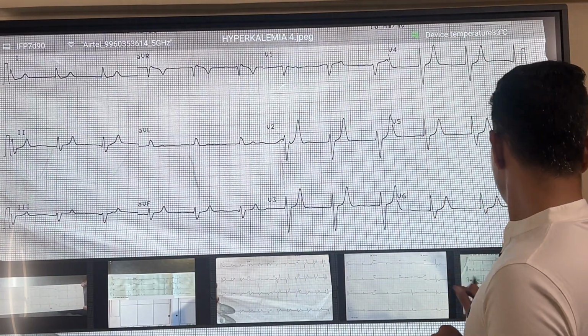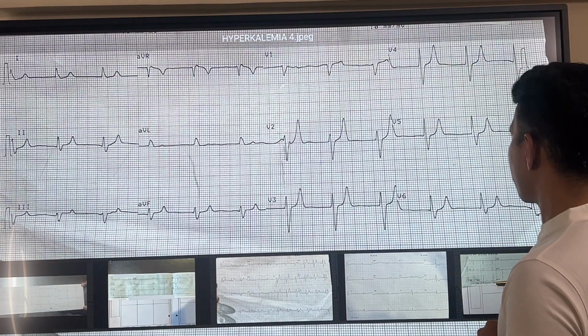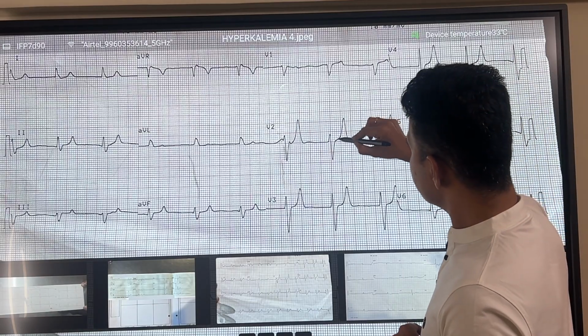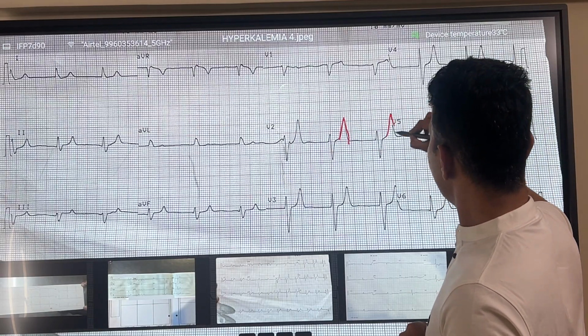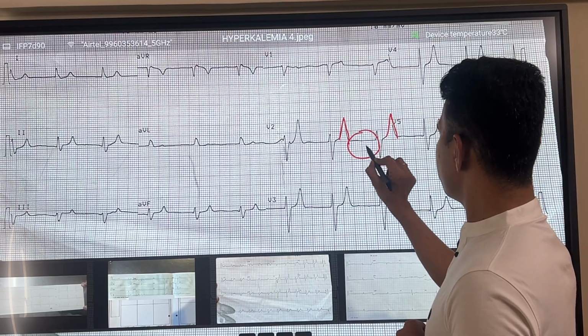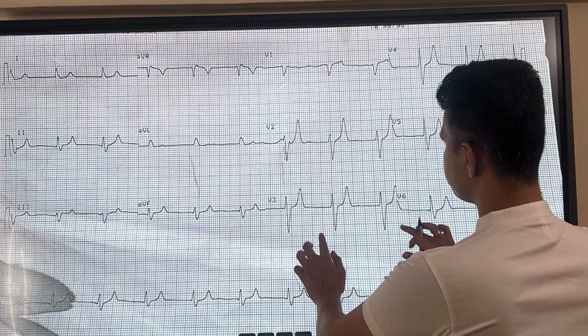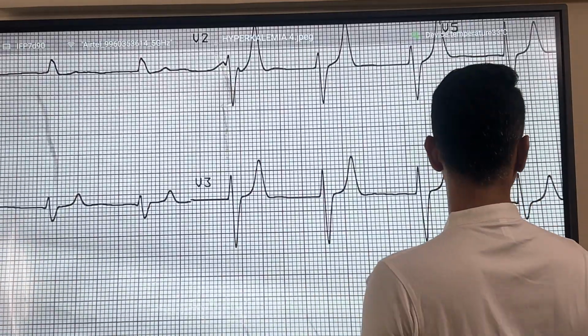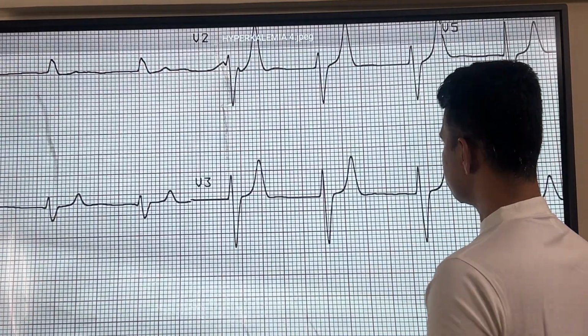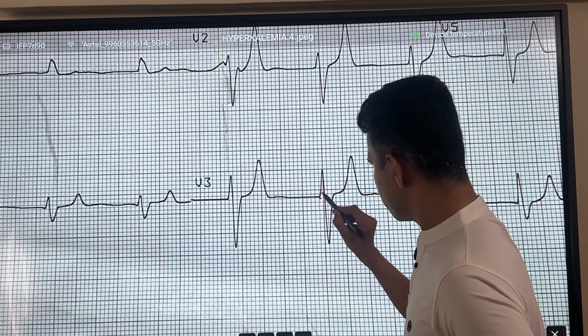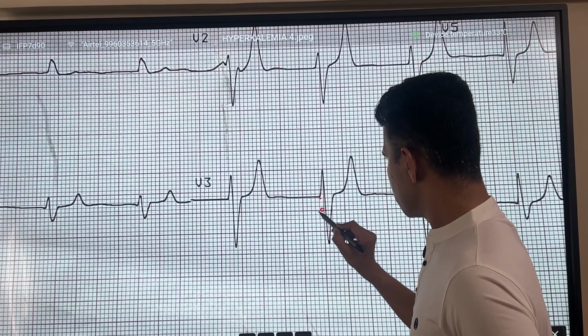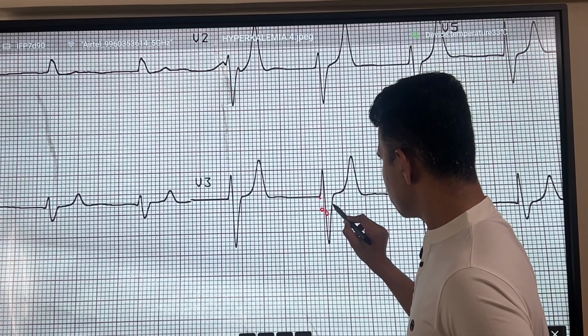This is one more very good example of hyperkalemia. You can see the T is tall, sharp, arrow-like. The P wave is not there. And the QRS, if you calculate, this is the Q, this is the first box, this is the second box, and this is the third box.